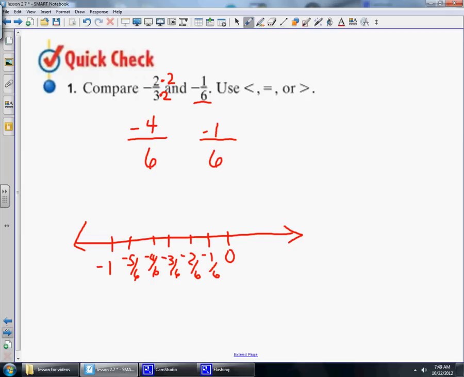Remember, the farther you move left on the number line, the smaller a number is. So here's -4/6, and here's -1/6. So -4/6 is actually less than -1/6. That means back in our original problem, -2/3 would be less than -1/6 because it's farther left on the number line.